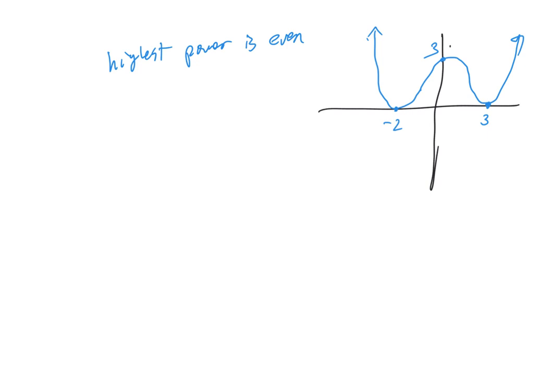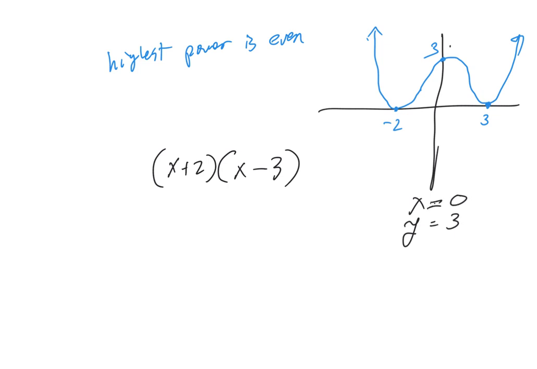I have a 0 at -2, and I have a 0 at 3, which means if I had factored this out, I would have x plus 2 and x minus 3 as two possibilities. And when x equals 0, y is 3, because that's my y-intercept.